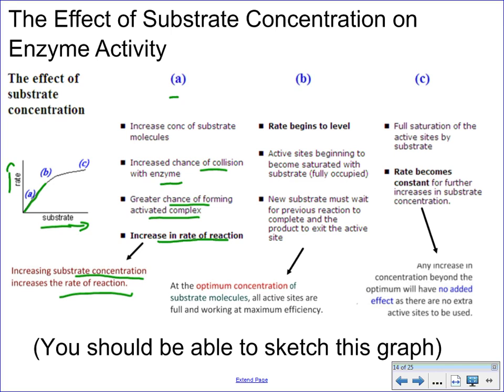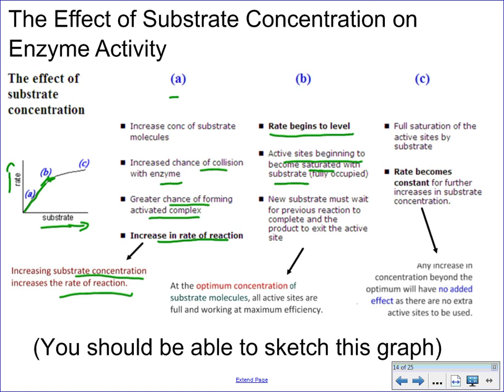And so as we continue to increase substrate concentration, we reach this point B where we start to see the rate begins to level or begins to plateau. At this point our active sites on the enzymes are becoming saturated with substrate, so all of the available active sites from all of the enzymes in solution are becoming fully occupied.